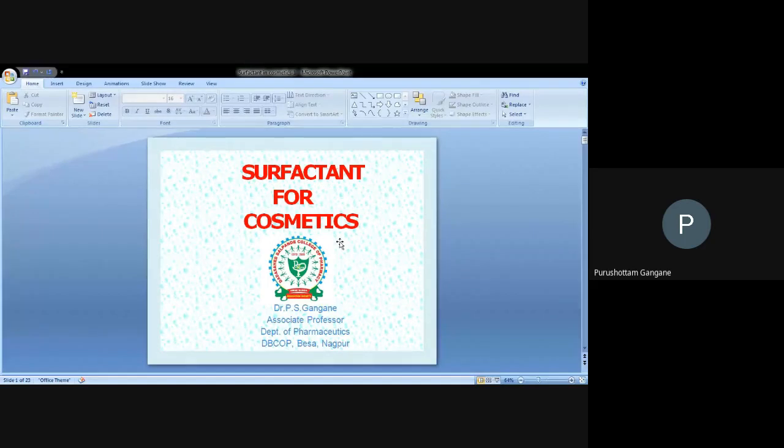Depending on their HLB value, the hydrophilic lipophilic balance, they show different applications. Surface active agents are useful not only in cosmetics but also in pharmaceuticals, most of the time in topical preparations, suspensions and emulsions, where they are essentially used.